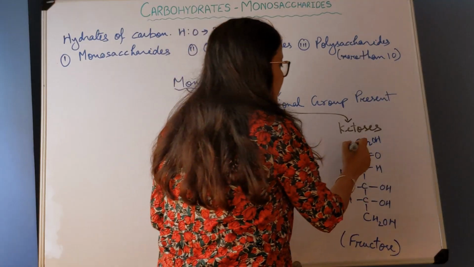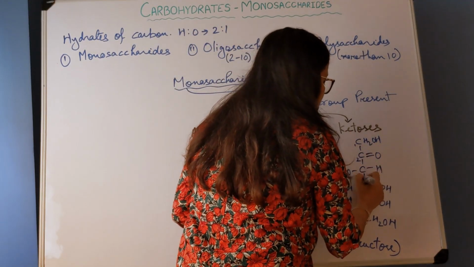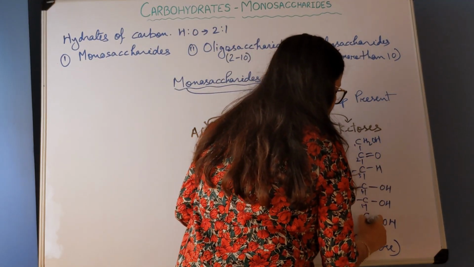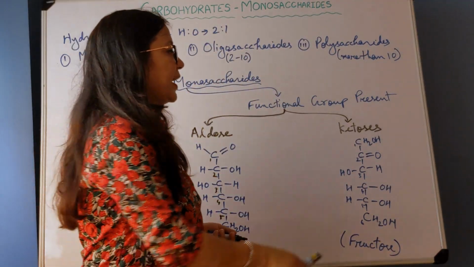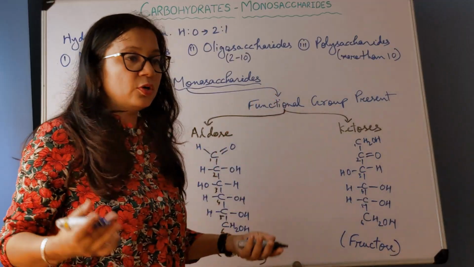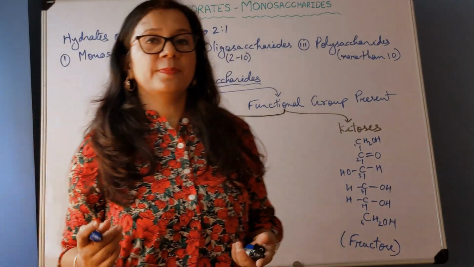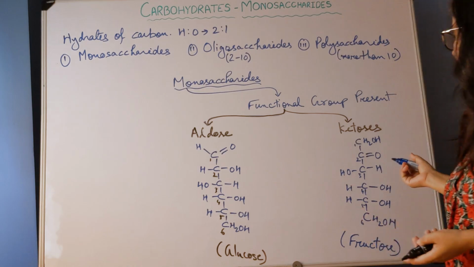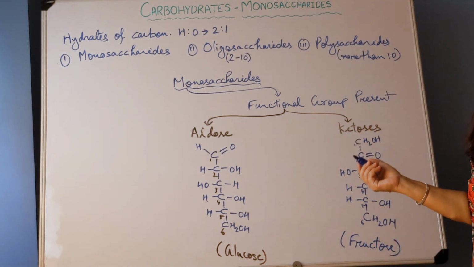In fructose you can see at carbon number 2, a ketone group is present. So the keto form of the carbonyl group is present, and this is called a ketose sugar.